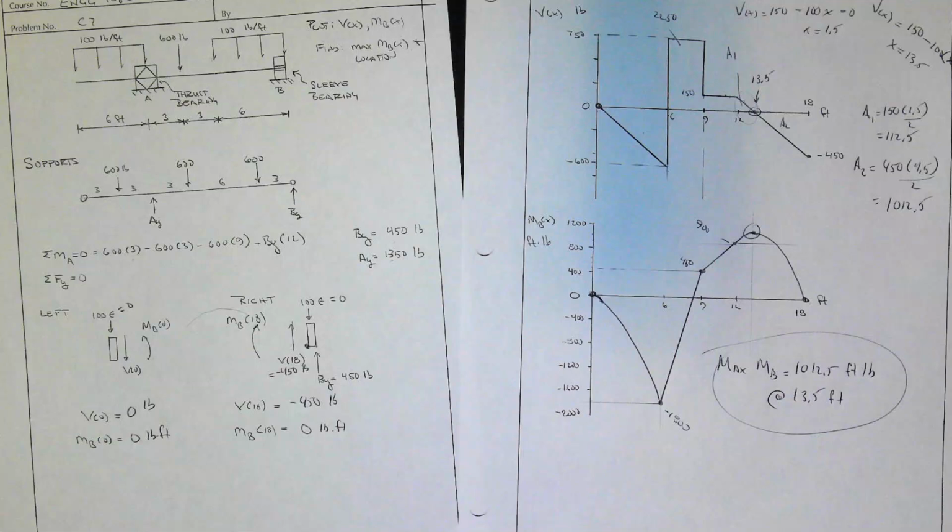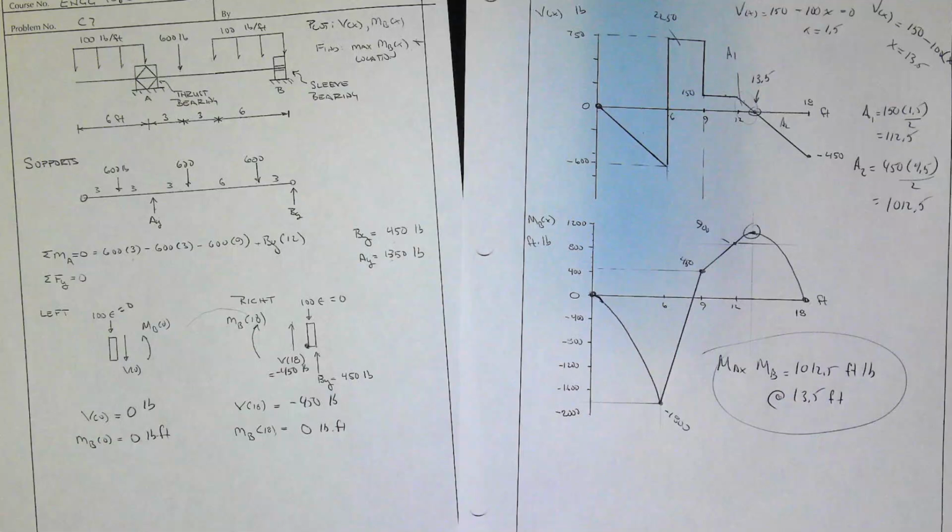And this is negative area, but I don't need to bring the negative sign along per se. 13.5 to 18. Well, that's 4.5 there. Divide by 2, use a calculator, and guess what? 1012.5. So the slope is getting greater as we go. And there's my artistic interpretation of that. I matched at the end.